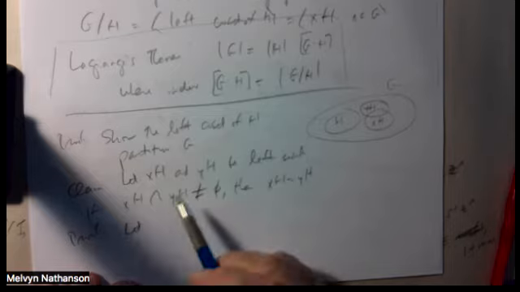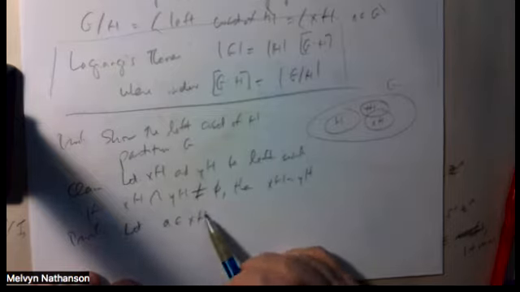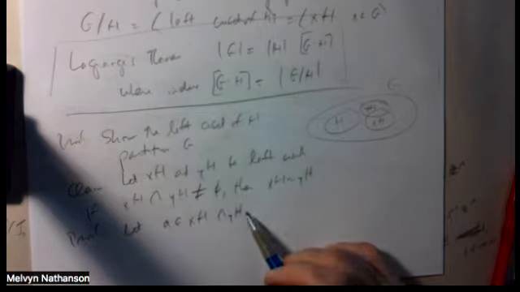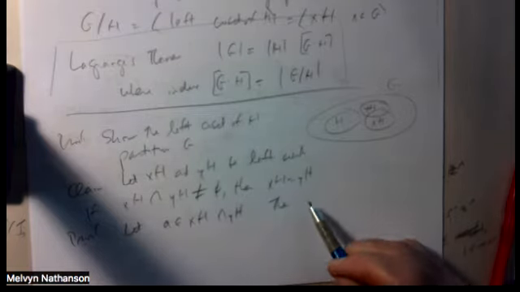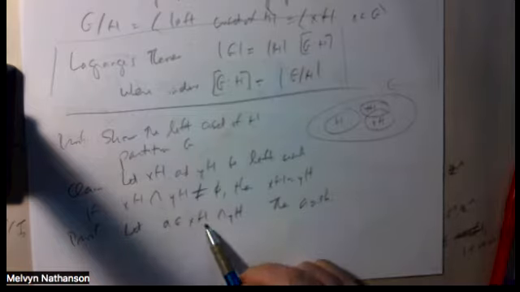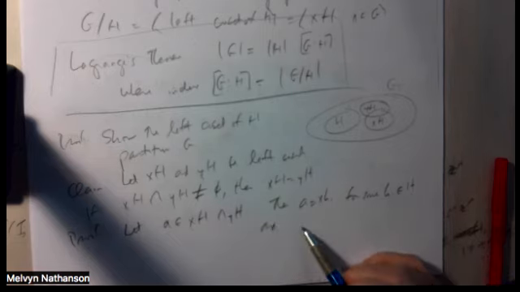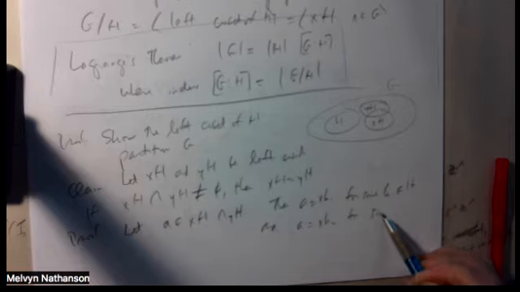Suppose that, let's say, a is an element in xH and yH. Then that means a is xh1. xH, this left coset, is all elements of the form x times an element of H, for some h1 in the subgroup. And also a can be written as yh2 for some element h2 in the subgroup.